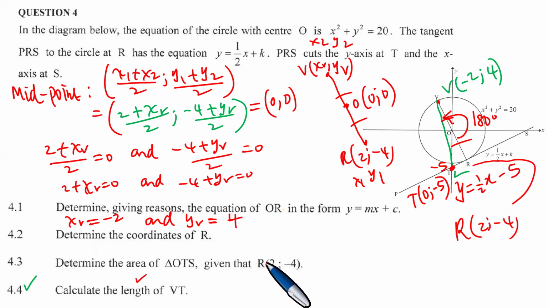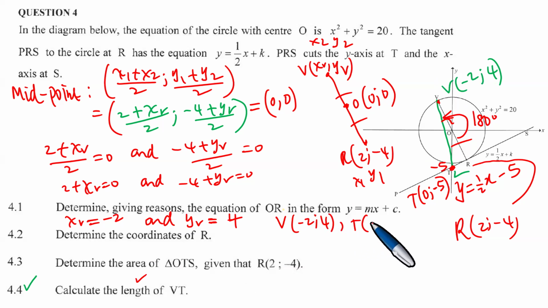Okay, I want us to find the length of VT. We already know the coordinates of V and those of T. Therefore, what do we have? We have V with coordinates -2, 4.